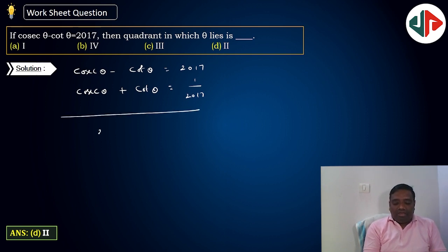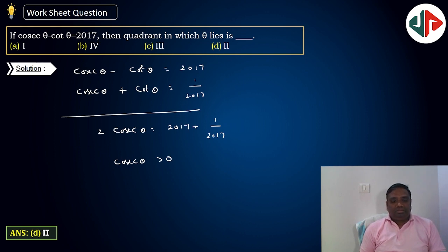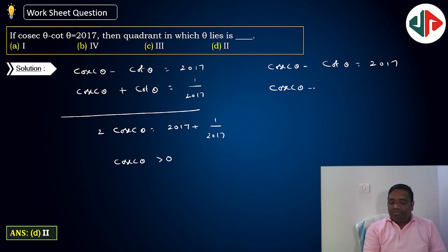If we add, it means 2 cosecant theta is equal to 2017 plus 1 by 2017. So clearly cosecant theta is a positive value. Yes. In the same manner, cosecant theta plus cot theta is equal to 2017, and cosecant theta minus cot theta is equal to 1 by 2017.